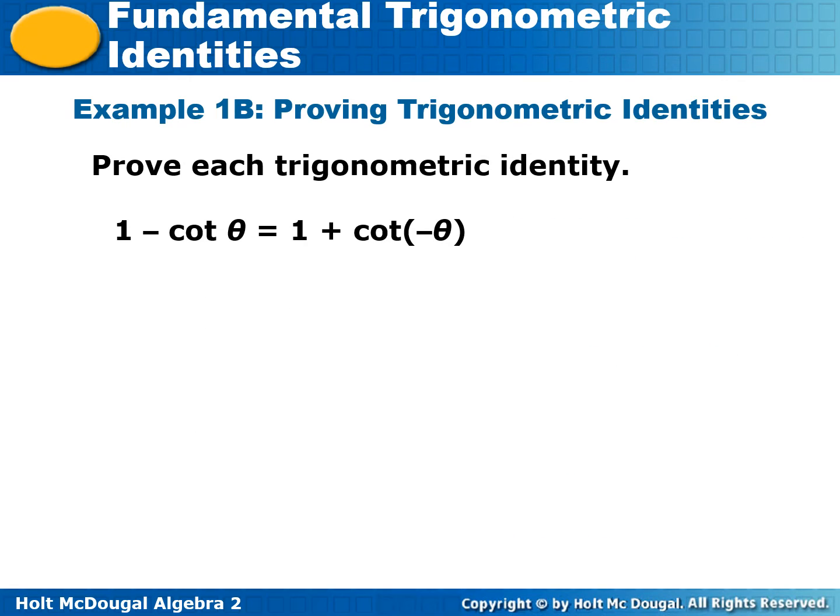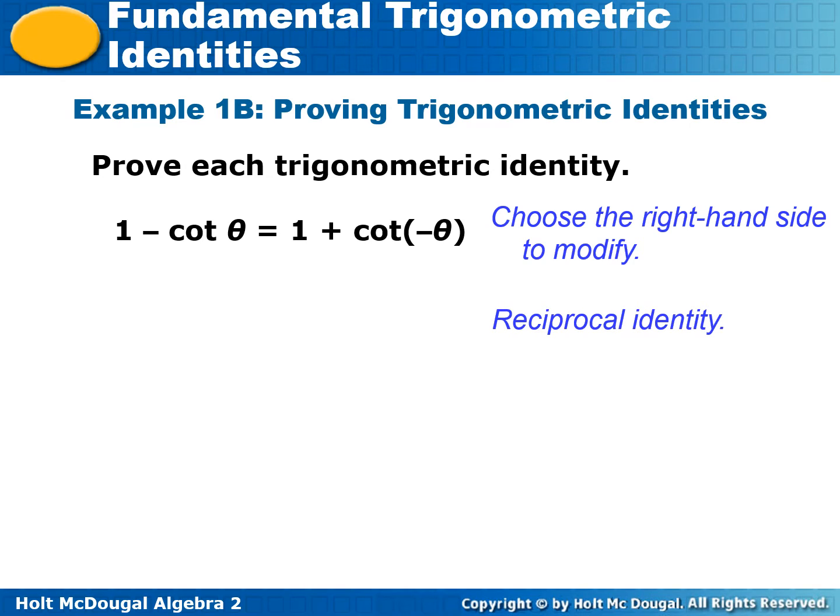Now let us have example 1b. Let us prove that 1 minus cotangent theta is equal to 1 plus cotangent negative theta. The first step is to use the reciprocal identity. Since cotangent theta is equal to 1 over tangent, we have 1 plus 1 over tangent negative theta.